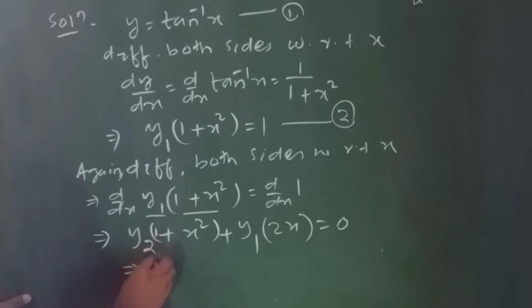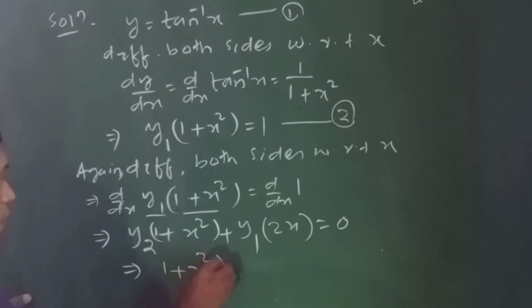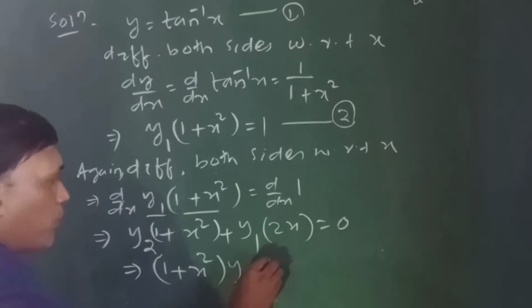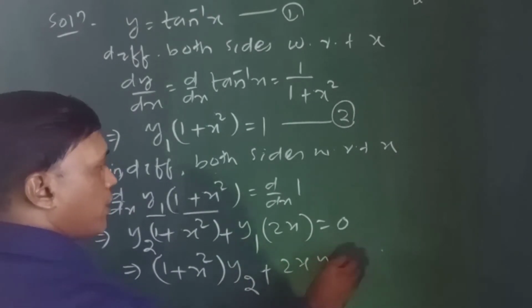This is, we find here 1 plus x square into y2 plus 2xy1 is equal to 0.